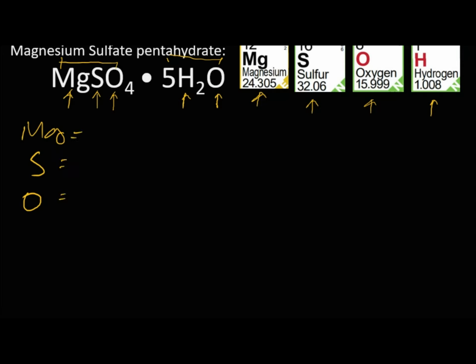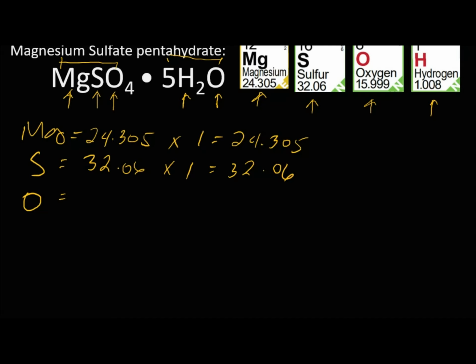So magnesium has atomic weight of 24.305, and the number of magnesium present in magnesium sulfate is 1. So we have 24.305. Okay, and then the sulfur is also 1. So that's 32.06 multiplied by 1, so it is also 32.06 here.